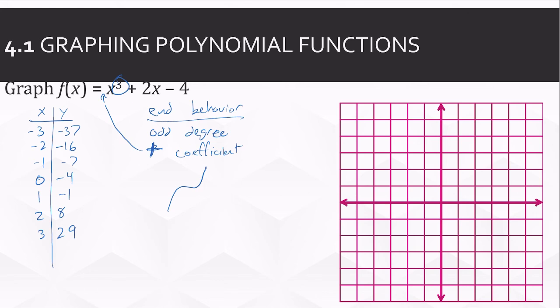All right, so let's see. There's a lot of big numbers, so maybe I will count by 2's in the y. But only 1's in the x's. So -3, -37 is still not going to fit.